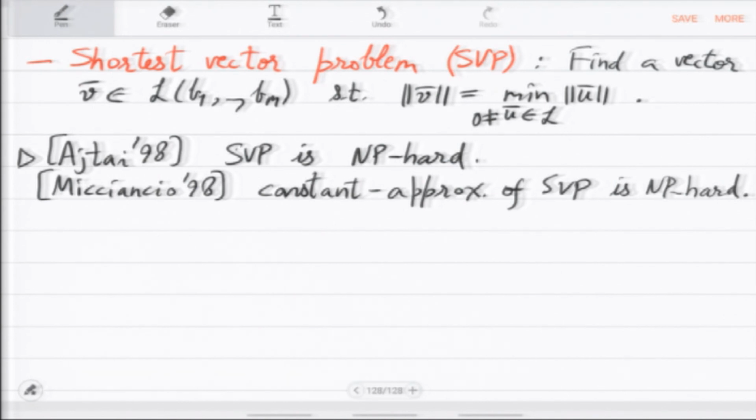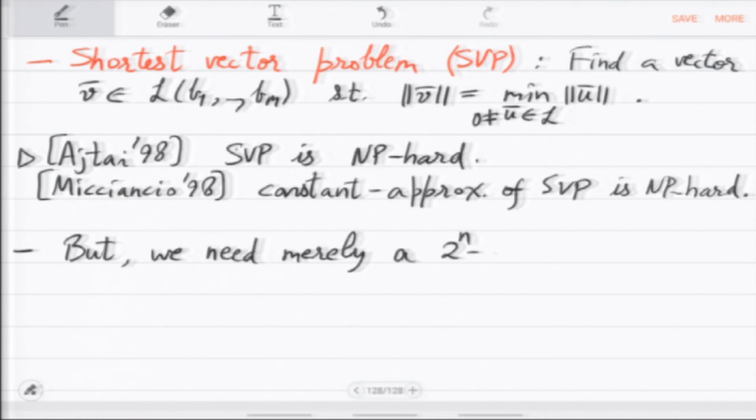Well, fortunately that is not the case, because we need merely a 2 raised to n approximation for step 4.